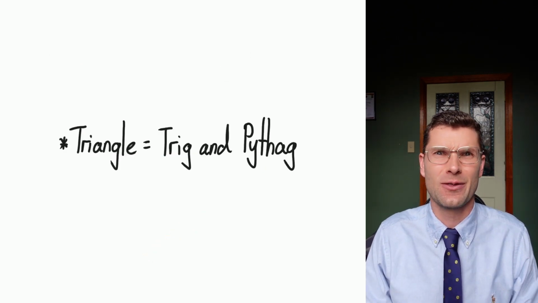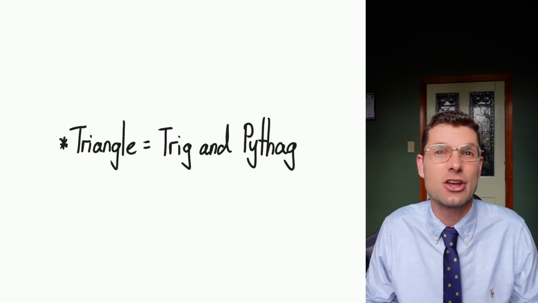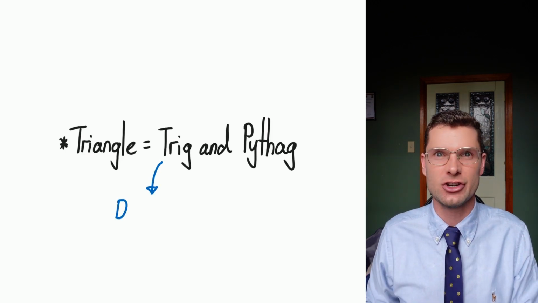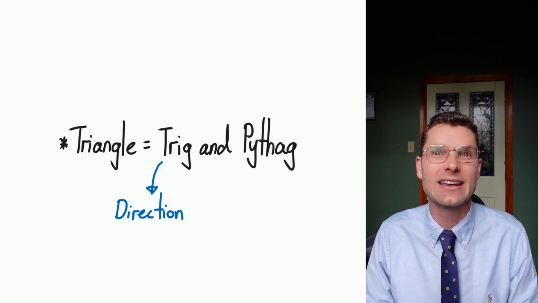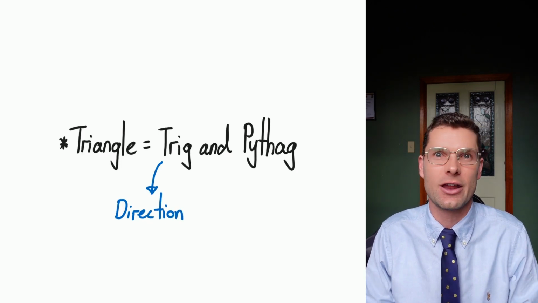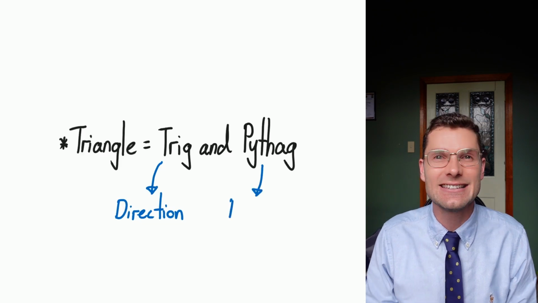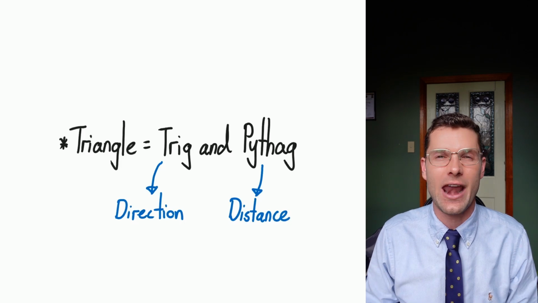So because we're dealing with a right angle triangle, we're talking about trigonometry and Pythagoras, two of our staples in mathematics. So the trig part of it's going to tell us the direction. That angle is going to help us give explicit directions using an angle between 0 and 360 degrees. And Pythagoras is just going to tell us the exact distance that they need to go.